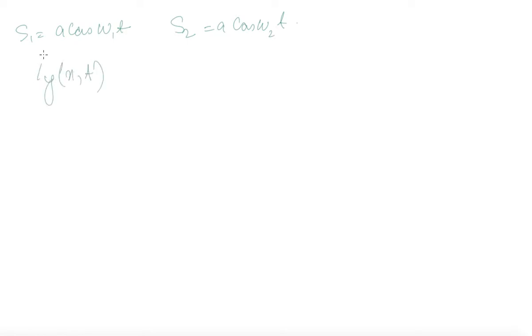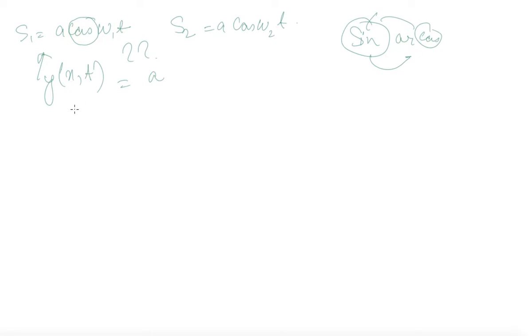From this equation, how did we come to this equation, you may ask. Since it does not matter whether you take sine or cos, because both are sinusoidal functions, you can easily interchange or define one wave in terms of the other.